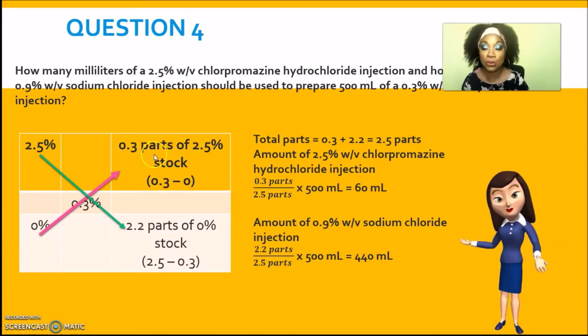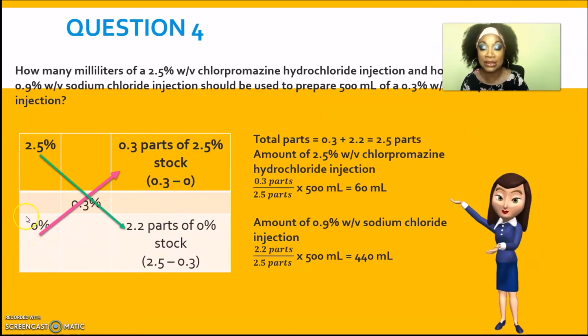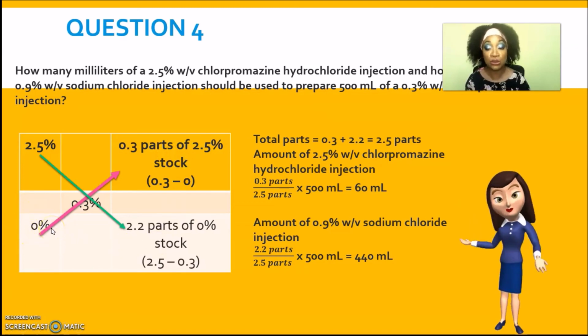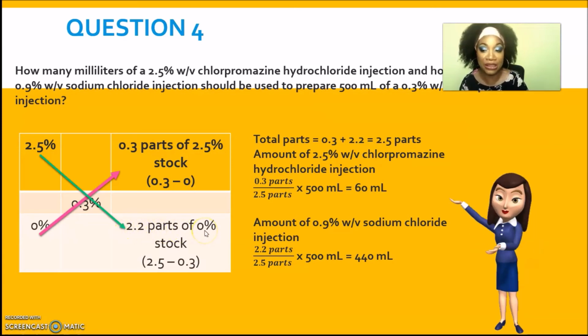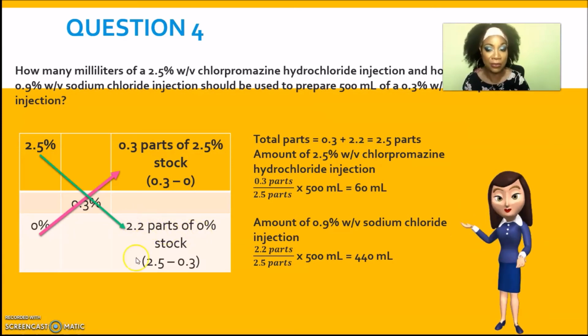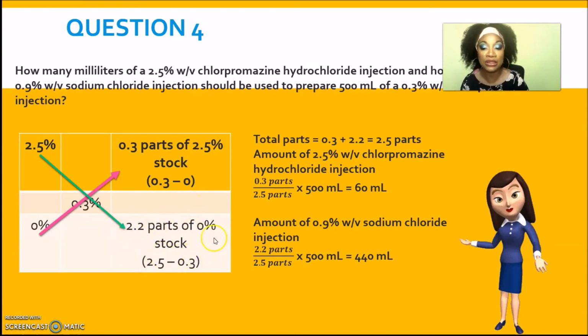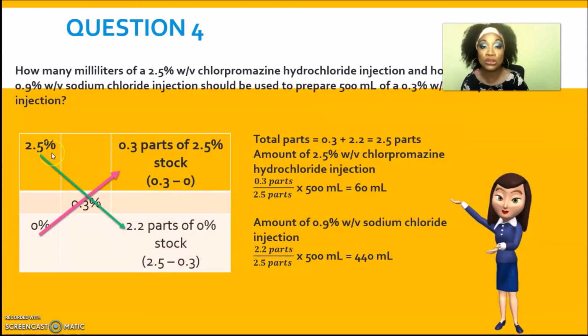So 2.5%, we're going to use 0.3 parts of it, and the amount of sodium chloride, which represents 0% here, in this case, you're going to use 2.2 parts of it. And it makes sense if you think about it. You're going to use more of the diluent to dilute the 2.5% to give you a 0.3%.